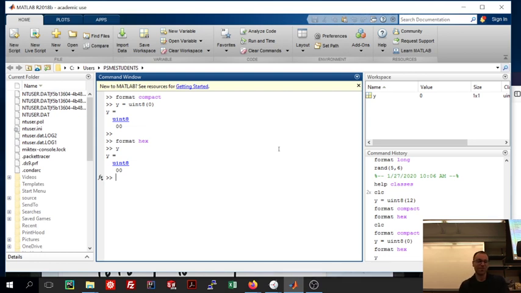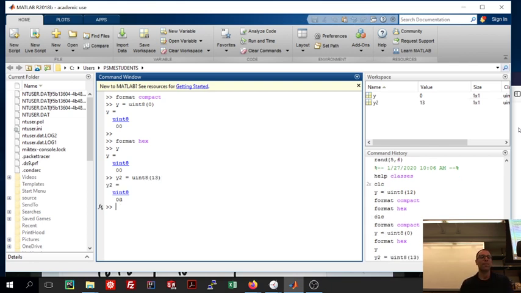Check this out. Let's go back over to our screen because some of you might be thinking, what the hell? Let's go y2 is equal to uint8 of 13. Could you give me the number 13 in a 4-bit binary representation, please?